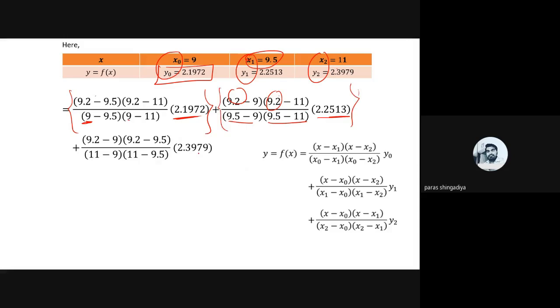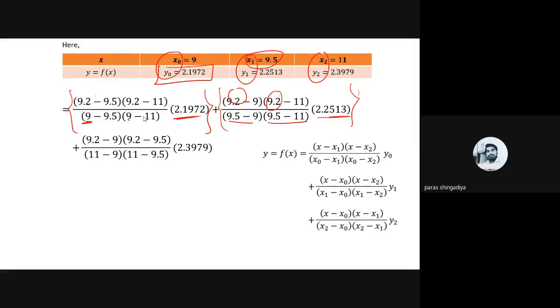There is no need for separate calculation. First we check the numerator, then the denominator, then the division, multiply 2.1972, and so on. Use the brackets properly in the scientific calculator. You can easily check the answer of each part directly.